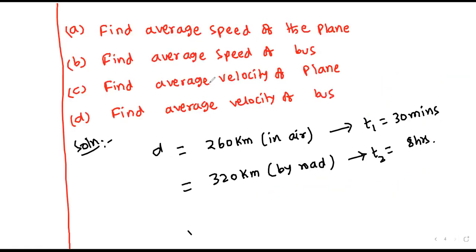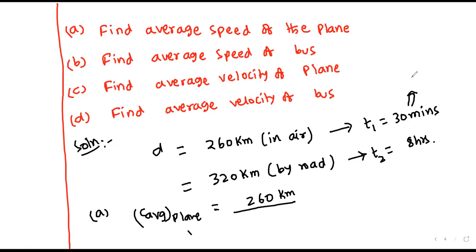So firstly I need to find the average speed of the plane. First bit. See, average speed is total distance traveled by time taken by the plane. Total distance traveled in air is 260, by time T1. This is in kilometers. We need to convert this 30 minutes into hours. I can write it as half an hour, that is 30 by 60 hour.